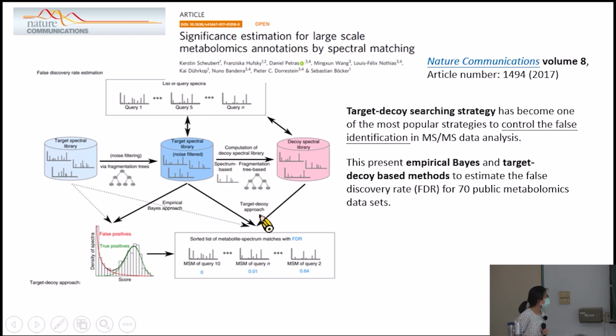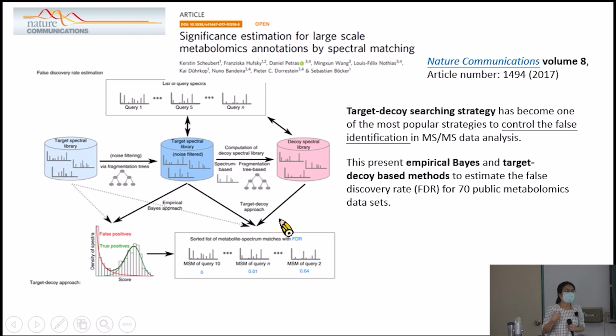The target-decoy approach is a common approach used to control false identification, because it uses two libraries. One is a real library and one is an unreal library.